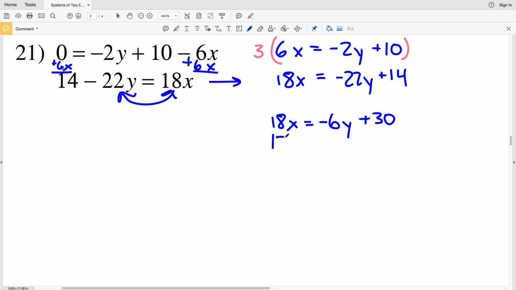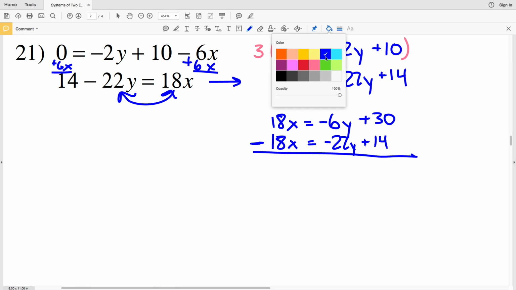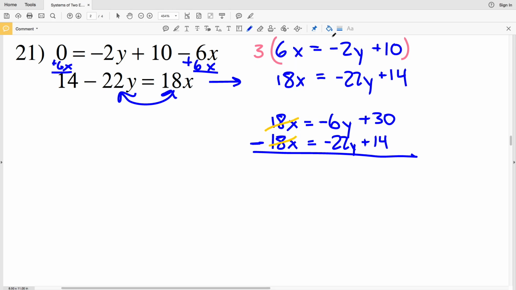And now I'll rewrite that bottom equation, 18x equals negative 22y plus 14, but I'm going to be subtracting it because 18x minus 18x is 0, so I'll get that 0 equals negative 6y plus 22y, which is a positive 16y, and then I'll add 30 minus 14, which is 16.